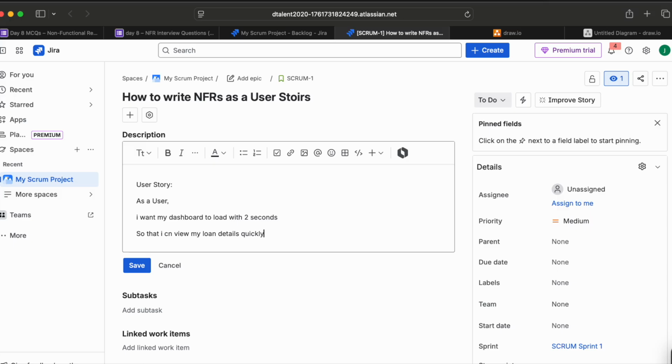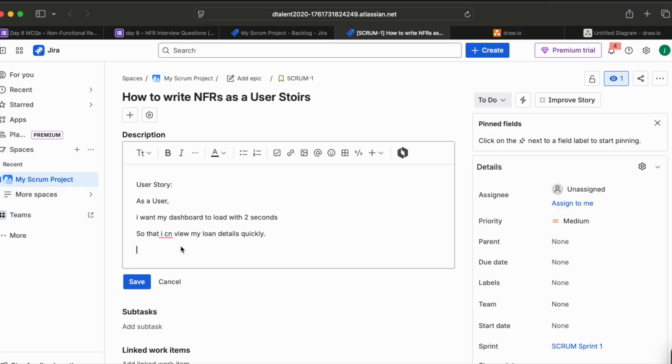So this you can capture during your requirement gathering. Okay, so you can write something like that.